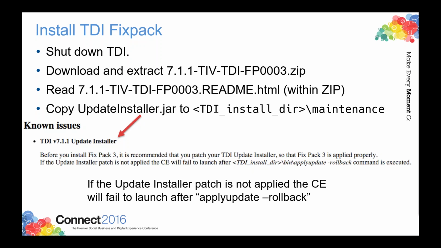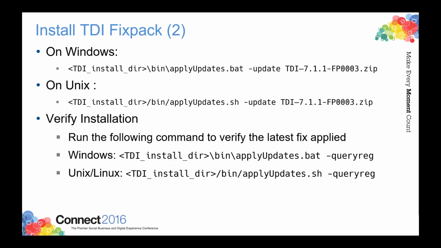There is mentioned that you have to copy the update installer jar from the Fixpack directory to TDI/maintenance. When you do not copy the update installer jar, you will not be able to roll back your update. So maybe you have to reinstall completely. So please exchange the update installer jar and read the README carefully.